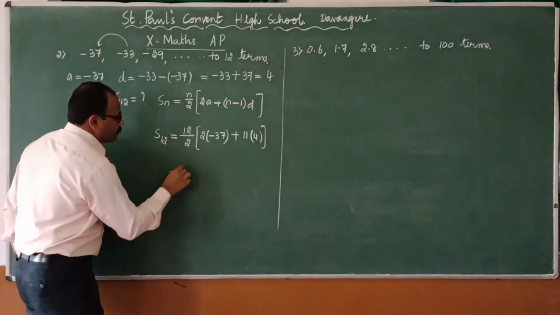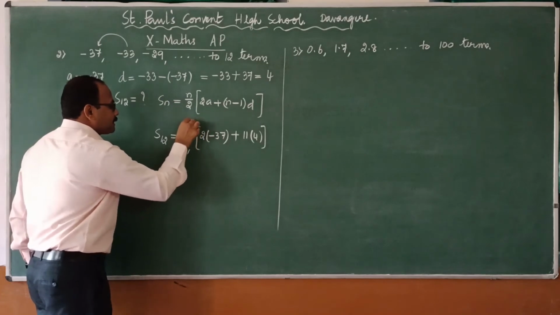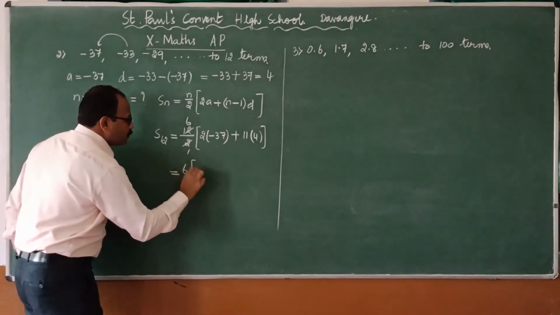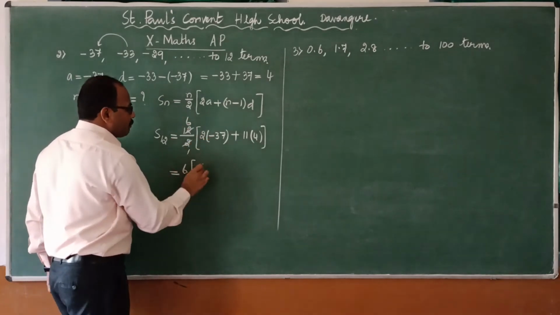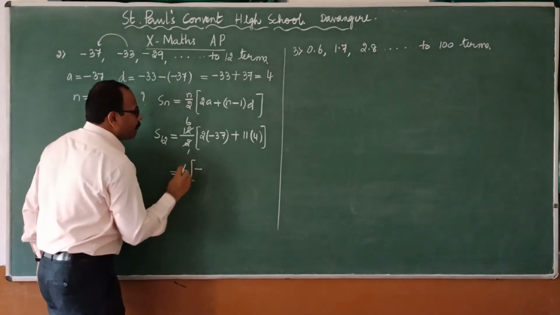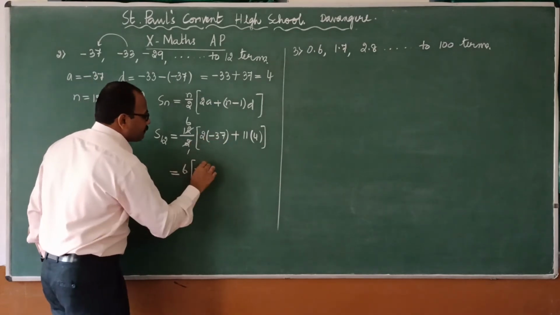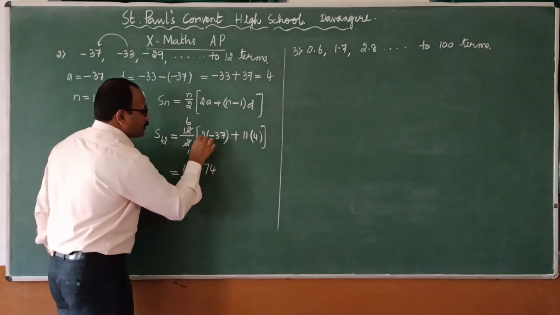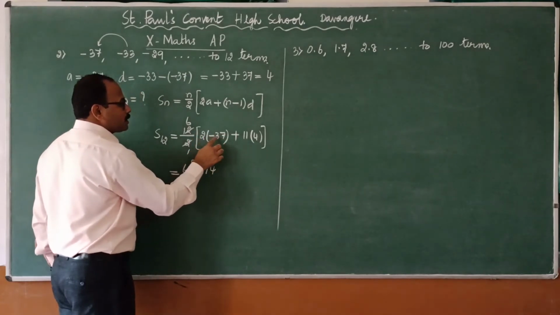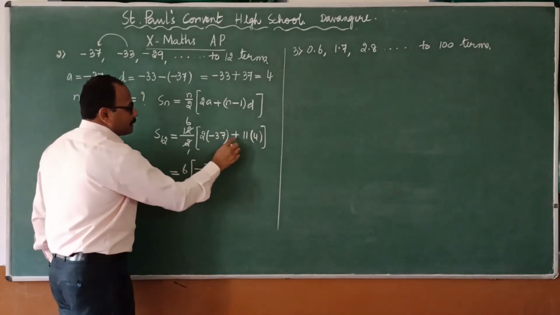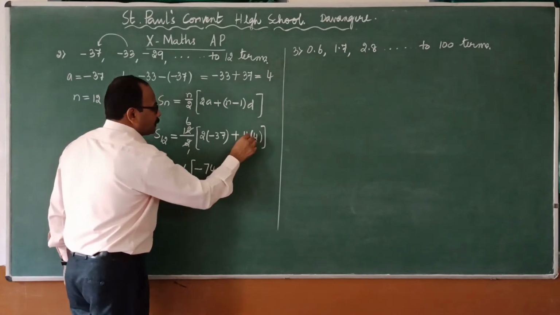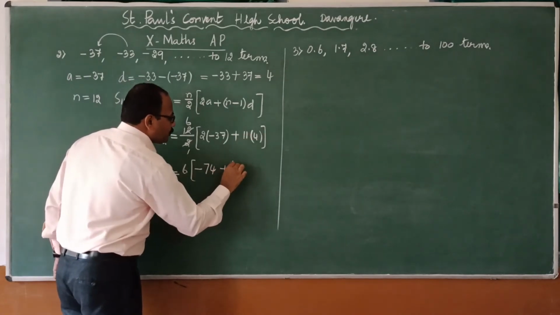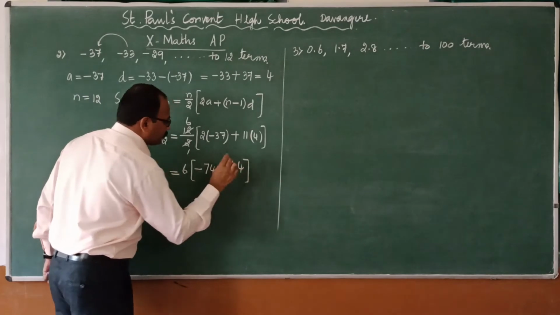This will be equal to 6 times, 6 into 2 times, plus into minus. It will become minus 2 into 37, which is 74. And 11 into 4 is 44.